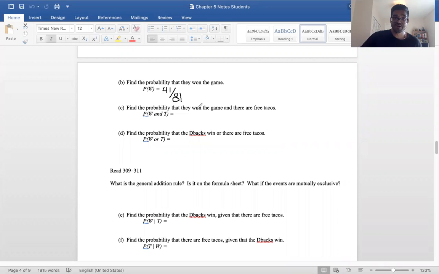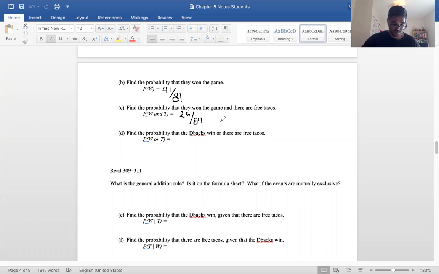Now the next one, what's the probability that they won a game and there are free tacos? So now you're looking in this top left cell where they won and they gave away free tacos. So that's 26 out of 81. And if you want to simplify these down to decimals or percentages, please feel free to do so.